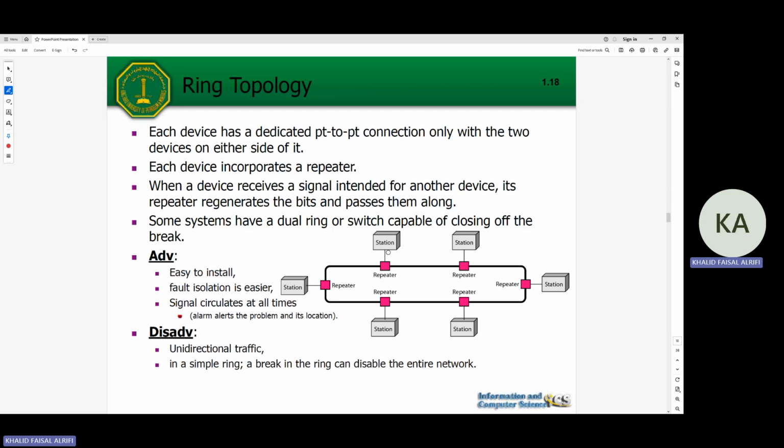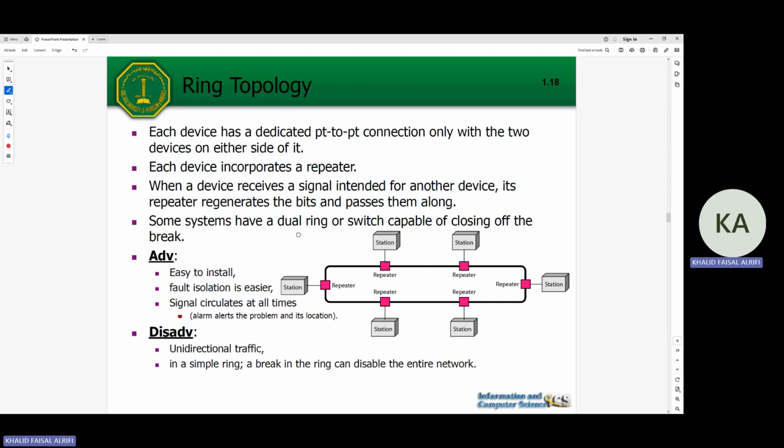The first station will know this data is not intended for it. It will repeat via the repeater all the bits to the station beside it, and the station beside it will see that it's also not meant for it, so it will repeat it via the repeater to the last station, and this is how the data transfers from the first station to the last station.